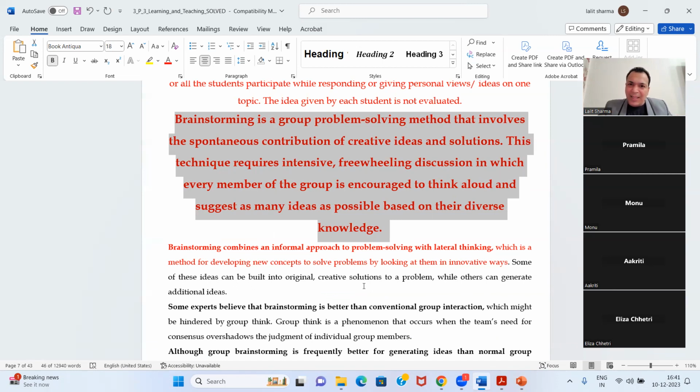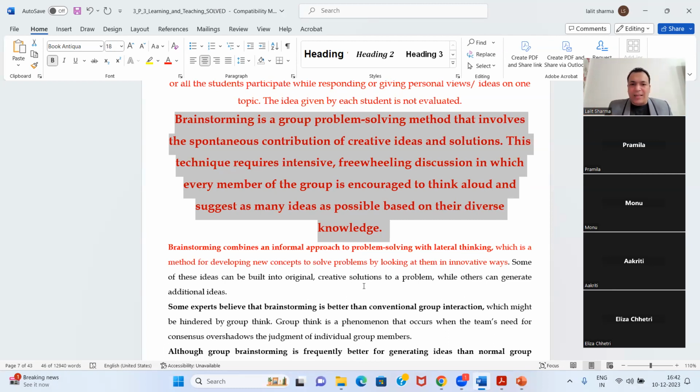Do you not think that you are killing these creative ideas and solutions of the students? Because you have started stereotype teaching, you are putting into the mind of the students and not allowing the students to speak in the class. Got it? So that's why B.Ed. has become mandatory to become the teacher, right?